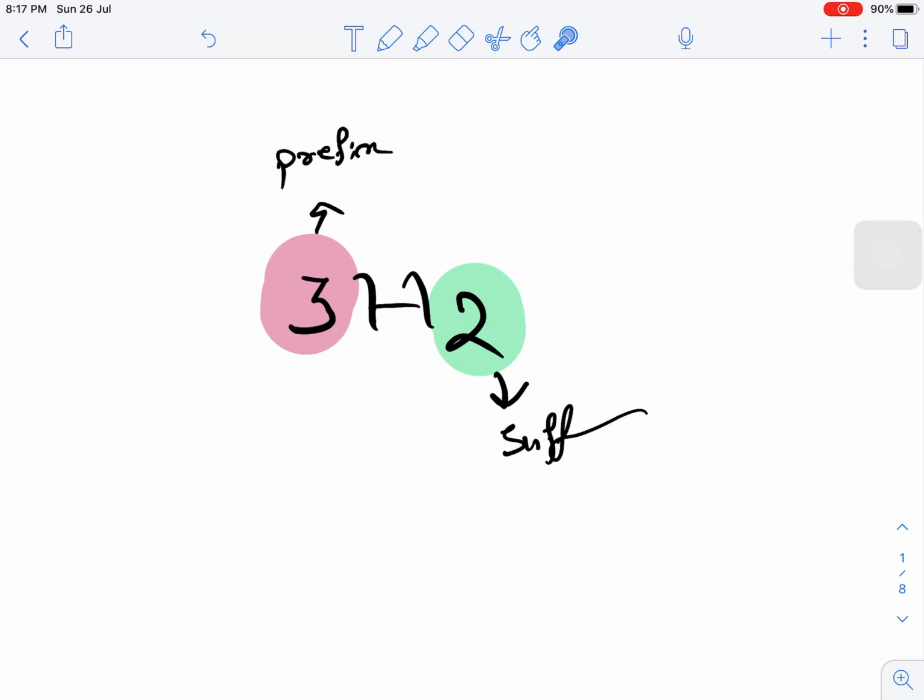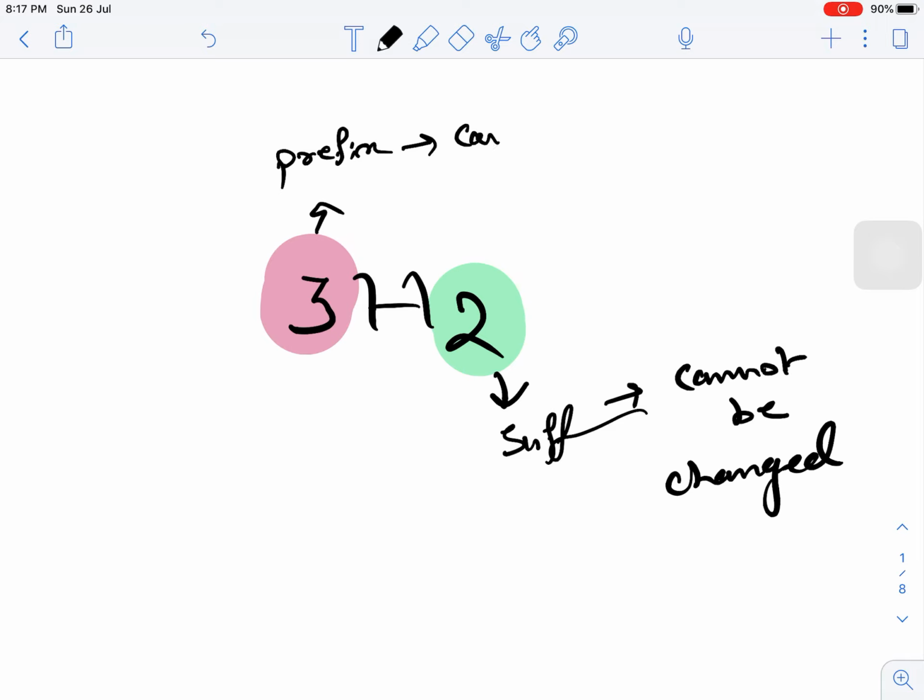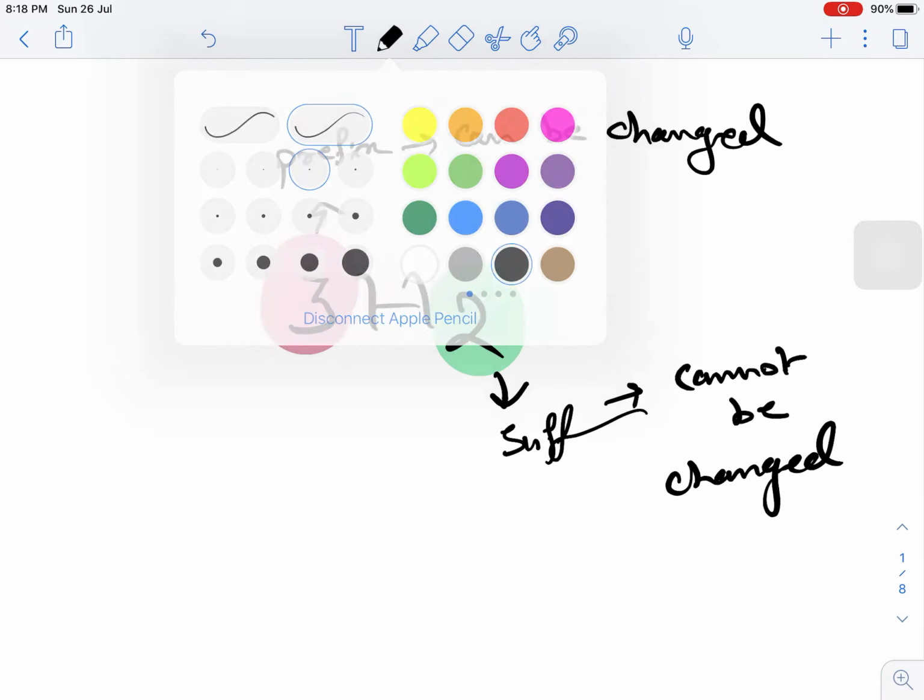We are only supposed to change the prefix. So I am writing here that this cannot be changed, it will be as it is. But the prefix can be changed as per our convenience.